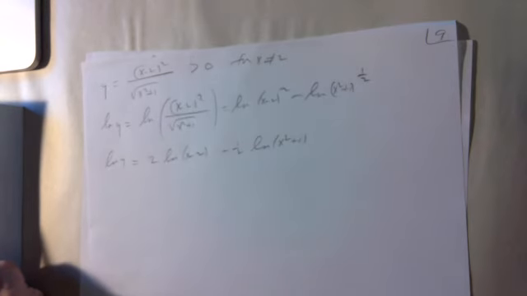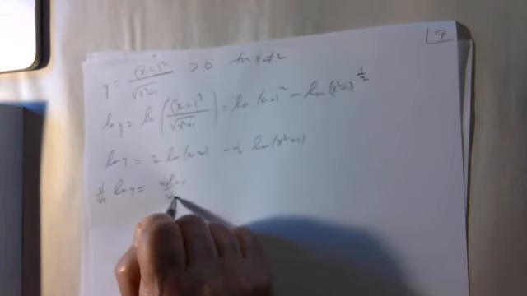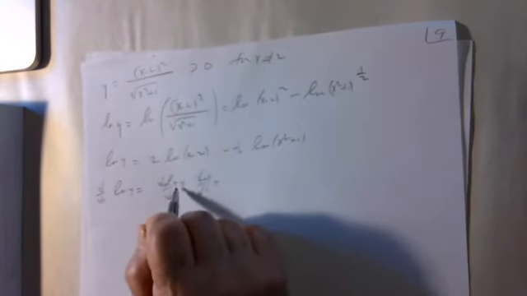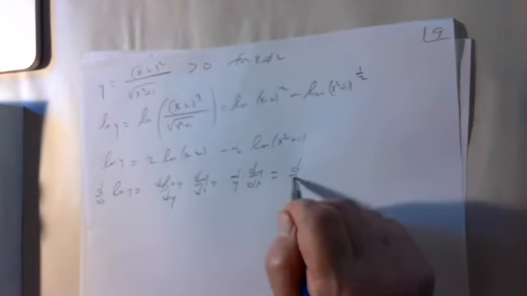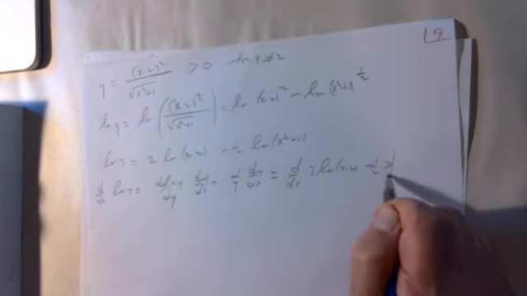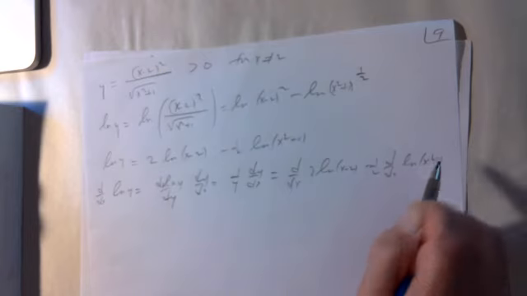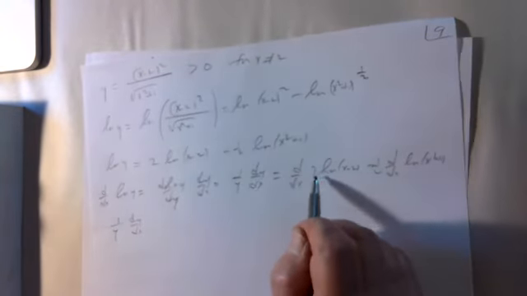Now, if I differentiate with respect to x, the derivative with respect to x of log y is the derivative of log y with respect to y, times dy/dx. Derivative of log y with respect to y is 1 over y, dy/dx. On the other hand, that's equal to the derivative of the right-hand side. So I have 1 over y dy/dx equals the derivative of this.